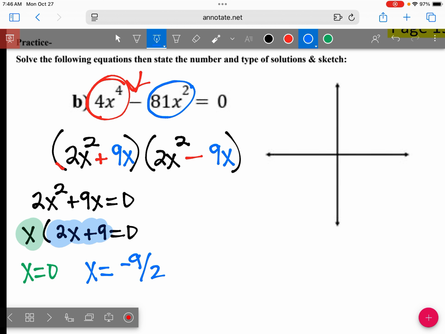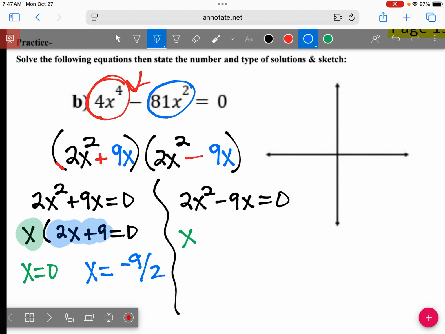All right, so now let's do our second factor. Same thing, except we got a minus. Take out your x again. So I'm taking out the x.